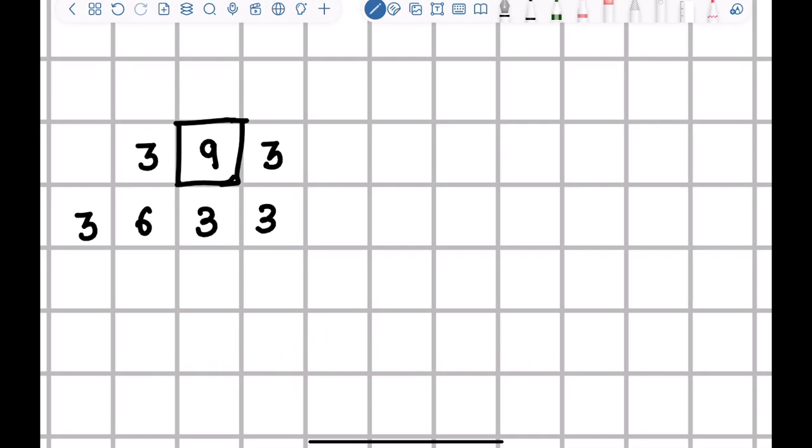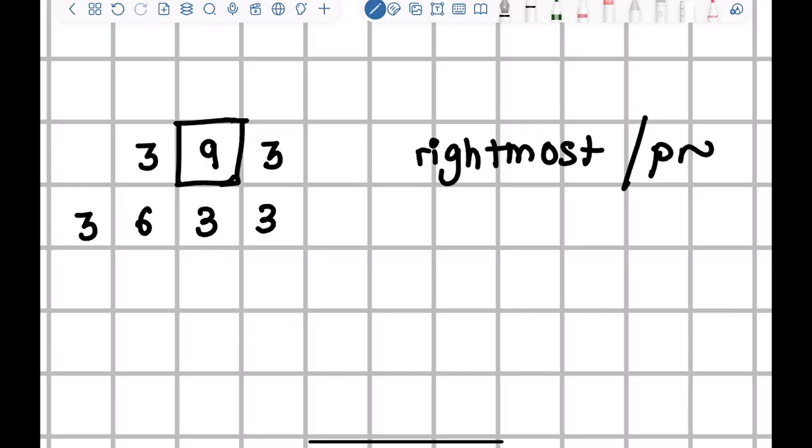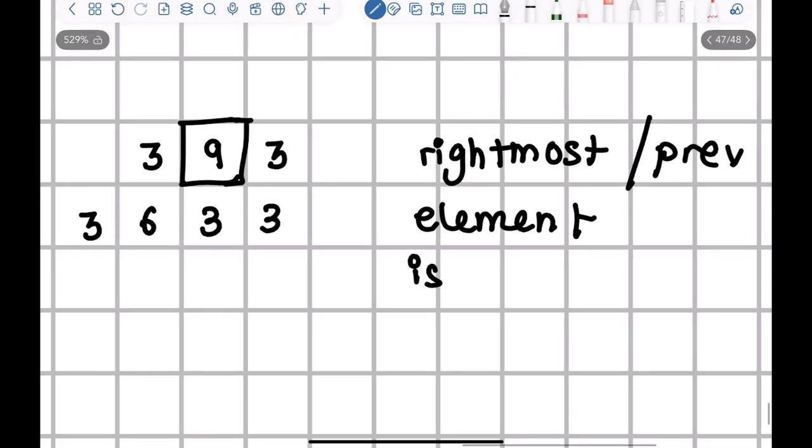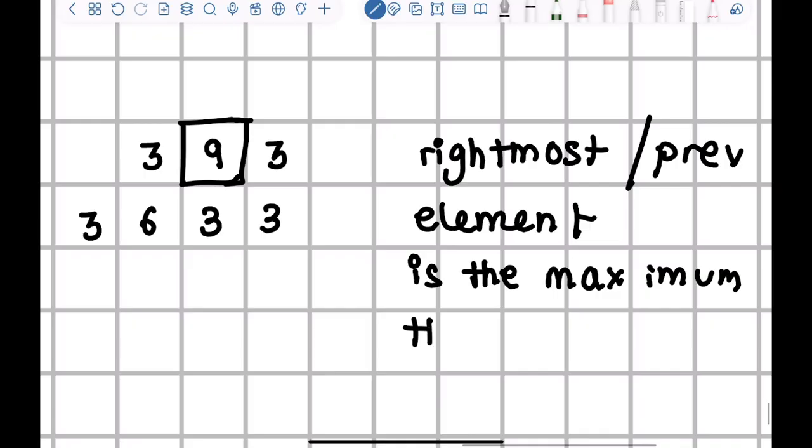So our underlying observation is that the rightmost or the previous element is the maximum that we are building up to.